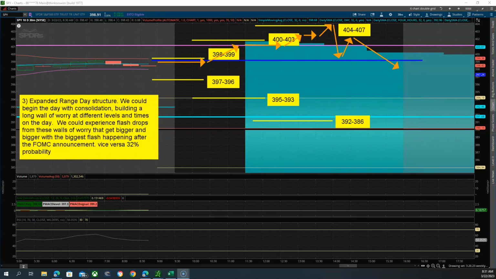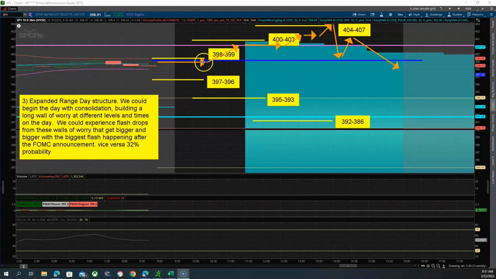All right, our last scenario is going to be our expanded range day structure. We could begin the day with consolidation, building a long wall of worry at different levels in times of the day. We could experience flash drops from these walls of worry that get bigger and bigger, with the biggest flash happening after the FOMC announcement.